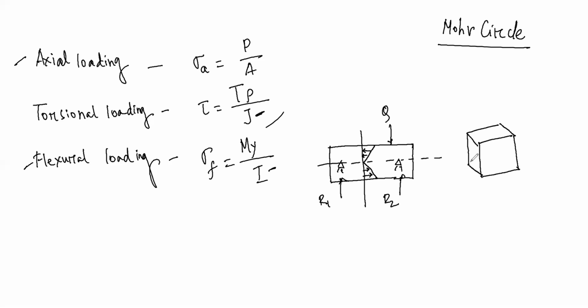If I try to draw, and take a small area at y distance from the neutral axis, then sigma f is the flexural stress. This is the point, which is y distance from the neutral axis.